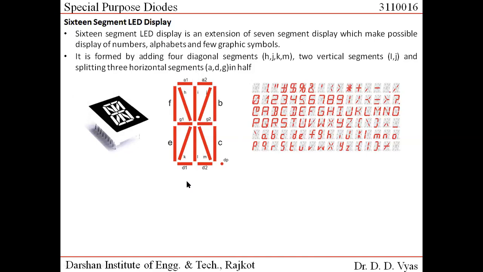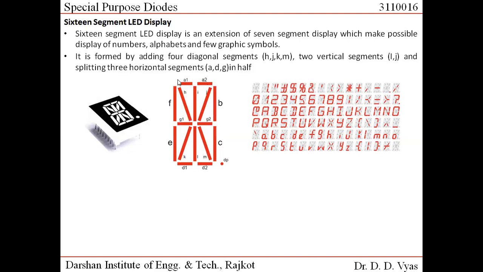The 16 segments are formed by adding 4 diagonal segments. You can understand that the basic structure is similar to the 7-segment display. To the structure of the 7-segment display, more segments are added. Which are the segments? There are 4 diagonal segments, H, J, K and M. There are 2 vertical segments, I and J, and the original segments of the 7-segment display are split in 2 parts.